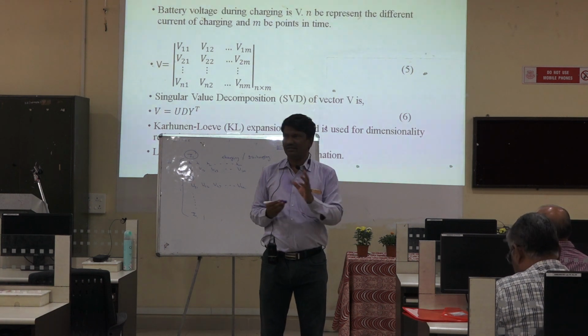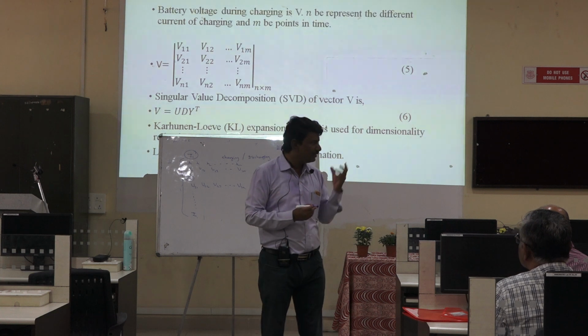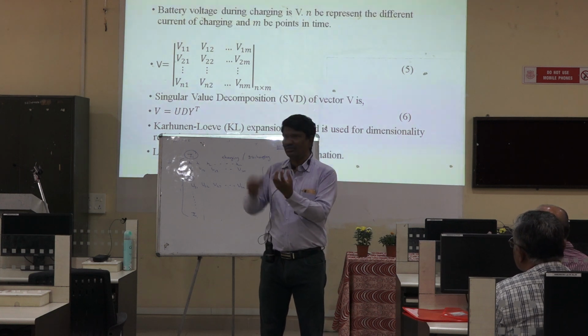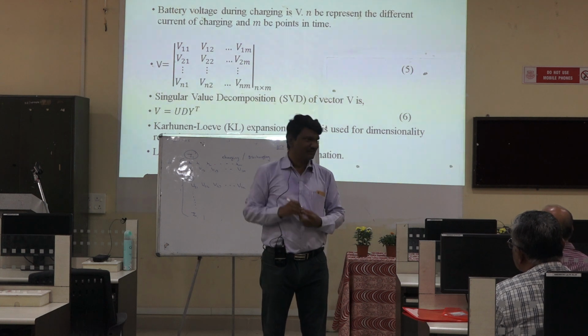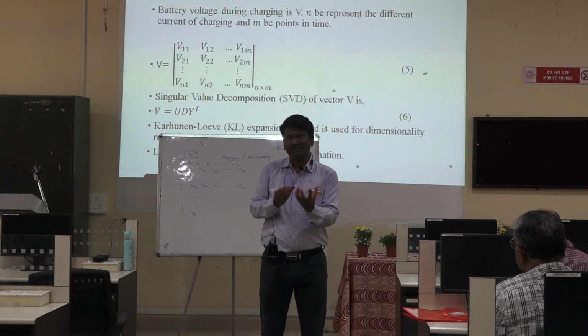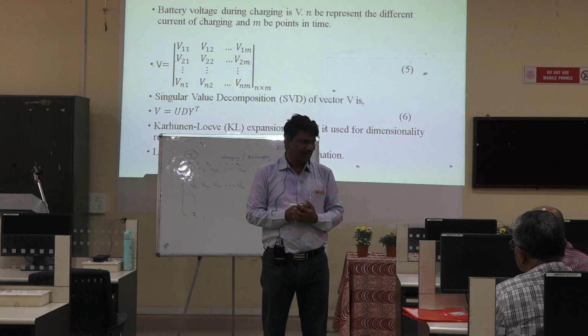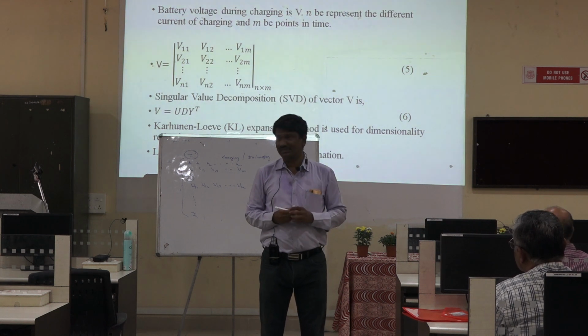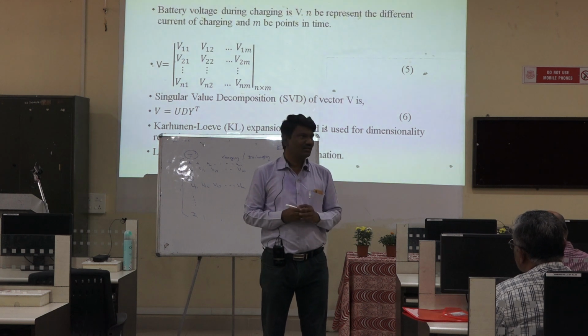So if you are doing research, you have to take a particular type of battery, do the experimental work on it, and gather all the information. We require several readings of this. Only one reading is not enough.